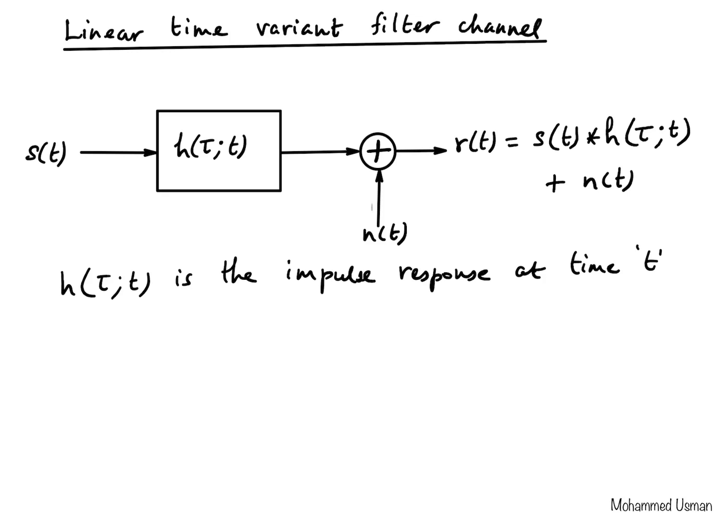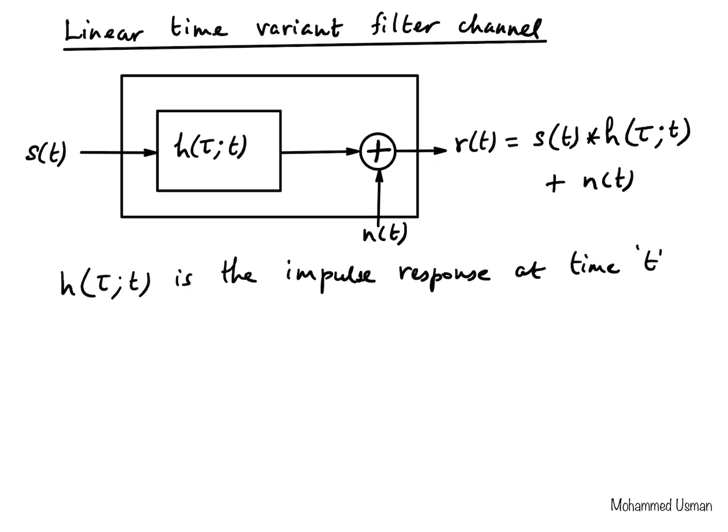So this entire block, we can put together to denote the channel. I'm just going to make it a dotted line. So that whole thing denotes our channel, which is shown in dotted line. So that's a linear time variant filter channel.